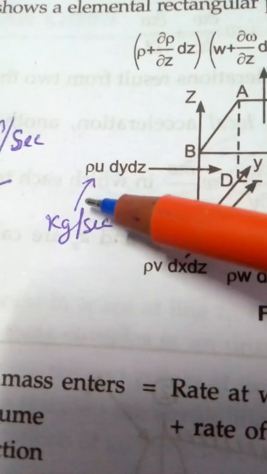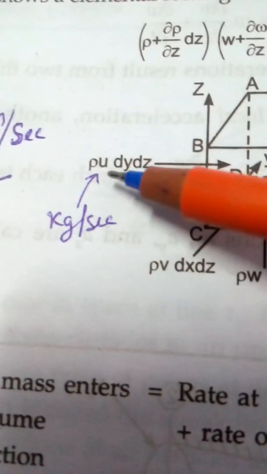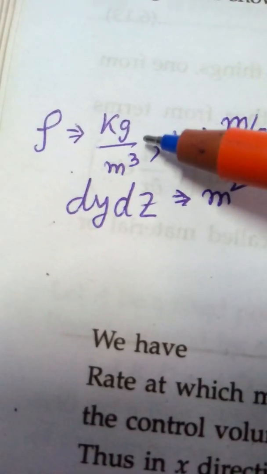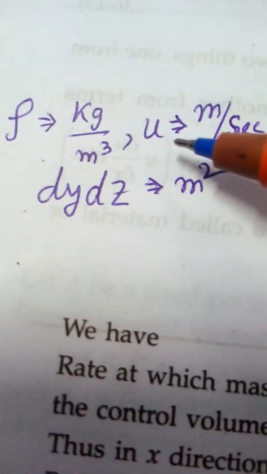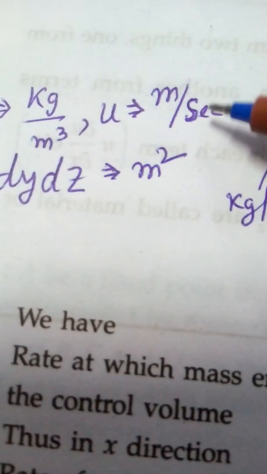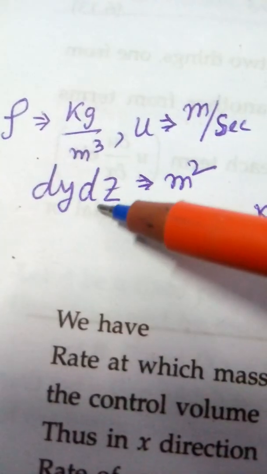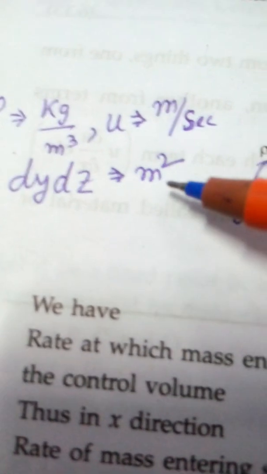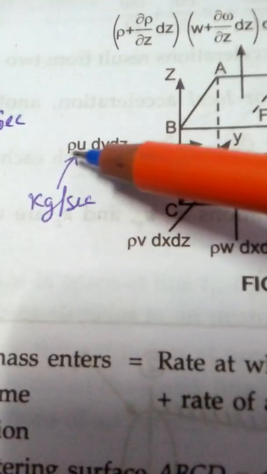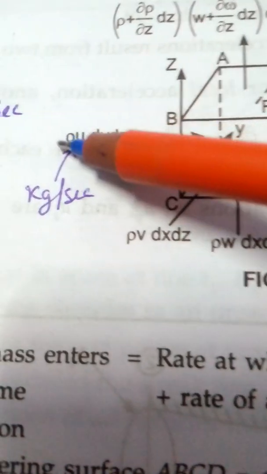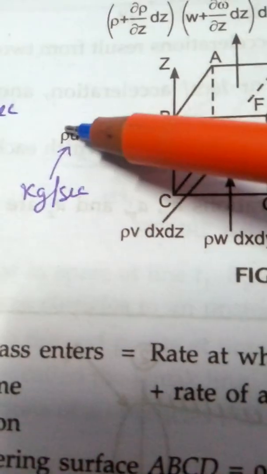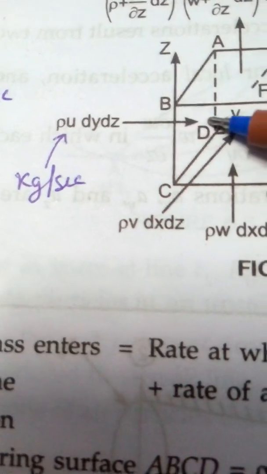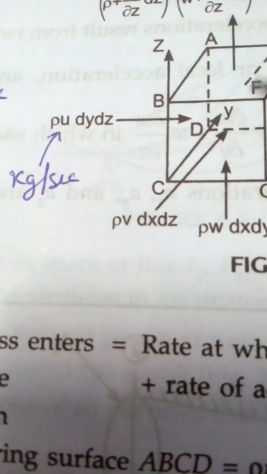So this will be in kg per second. Rho in kg per meter cube, u in meter per second, and dy dz in meter square. So it will be kg per second.